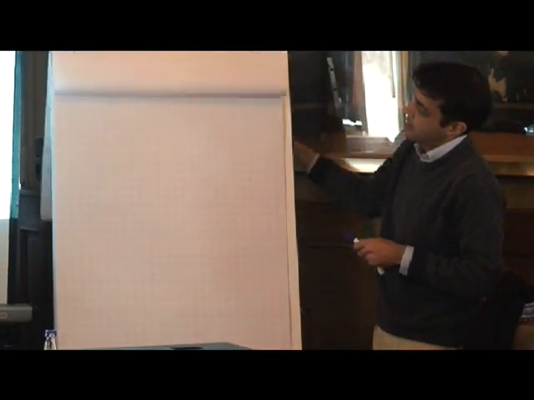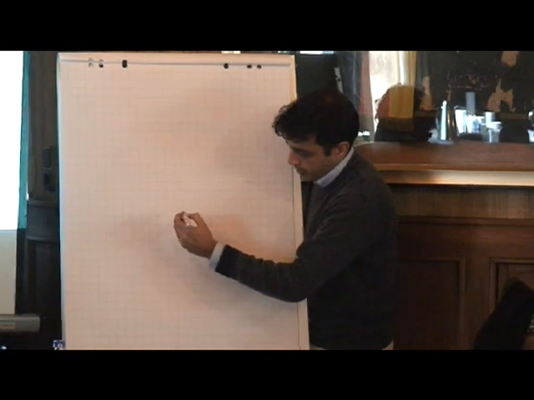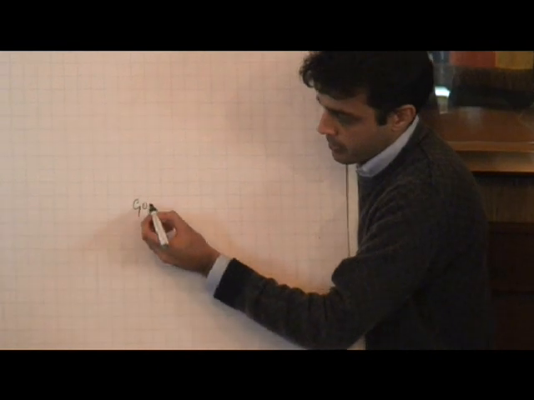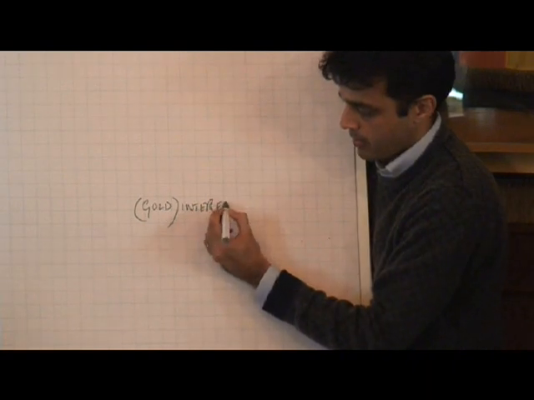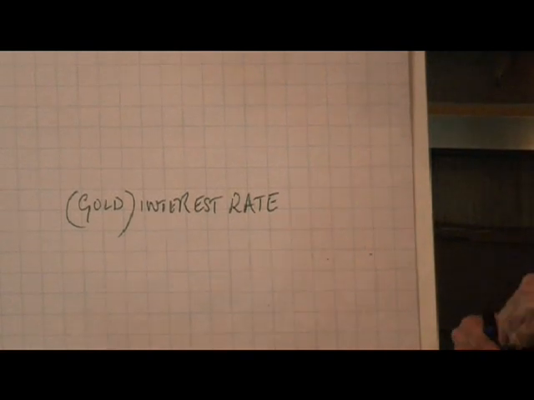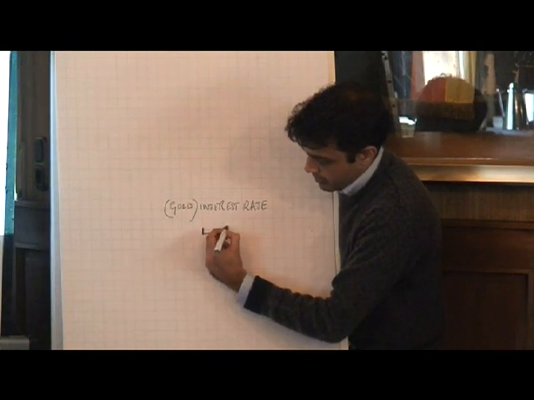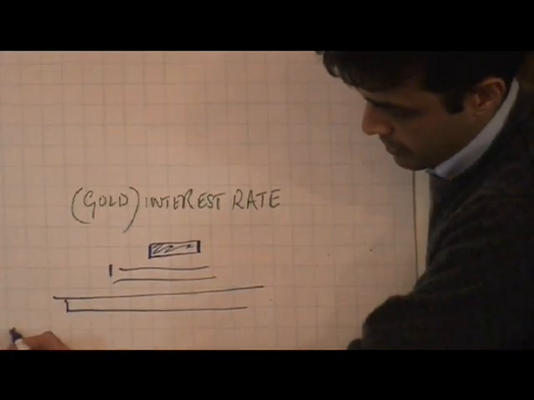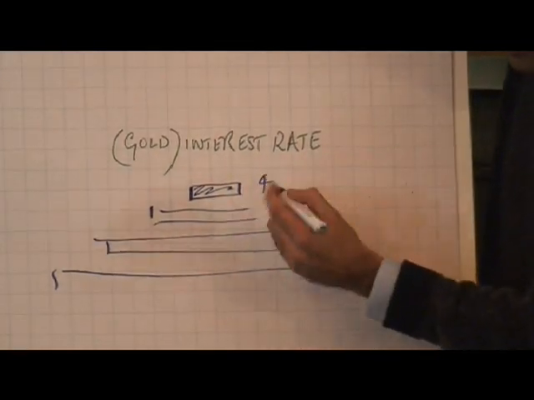Again, I'm talking about a classical gold standard with bills and real gold, and you have the interest rate, the gold interest rate, which has a lower bid price. Let's say it's 4.25.